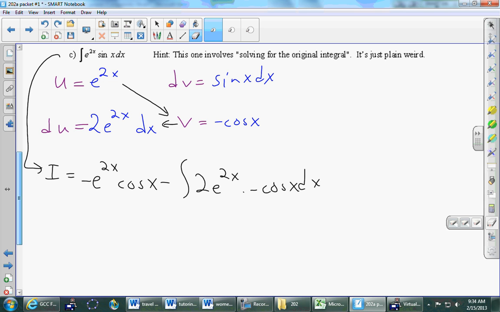Okay, so far so good. Yeah. So first I'm going to clean this up just a tiny bit. What can I take out of the integral? The 2 and also the negative. So let's take both of those out. The 2 comes out front, the negative comes out and turns it into a plus.